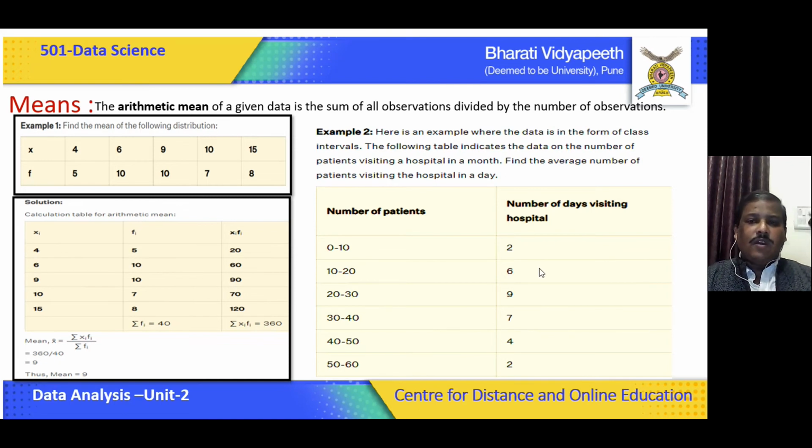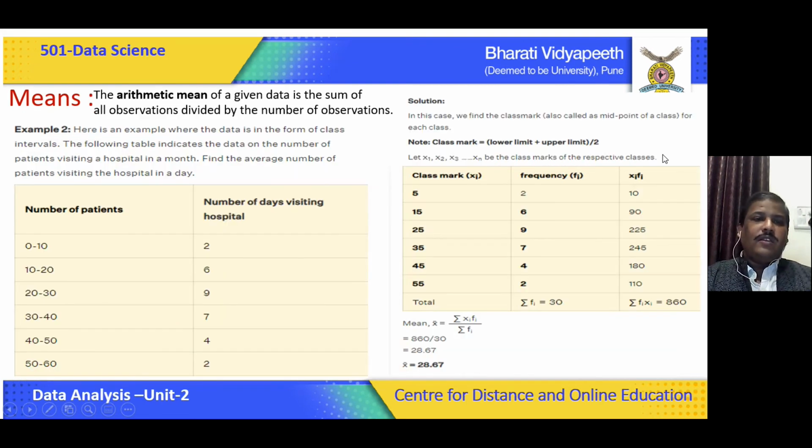You can also calculate the mean this way. Now here we have to calculate the mean of this. To calculate the mean, you find the class mark xi. For the class 0 to 10, we make a class mark xi, which is lower limit plus upper limit divided by 2.